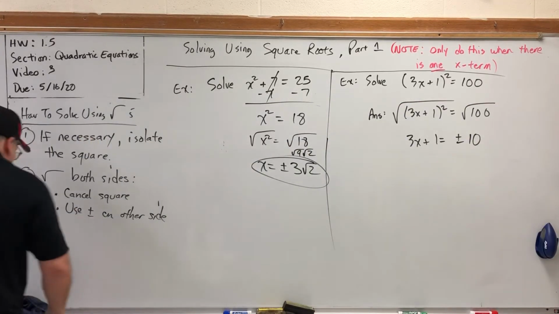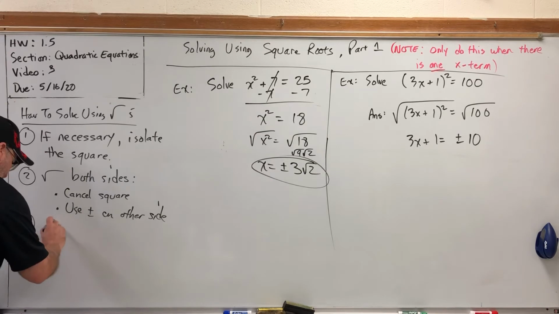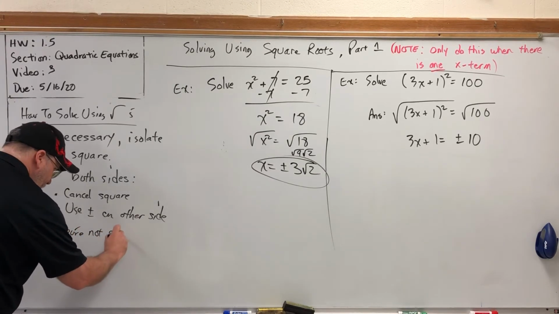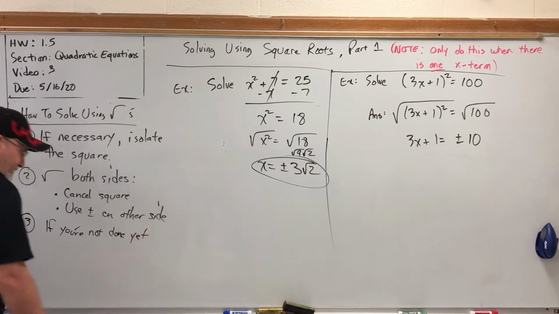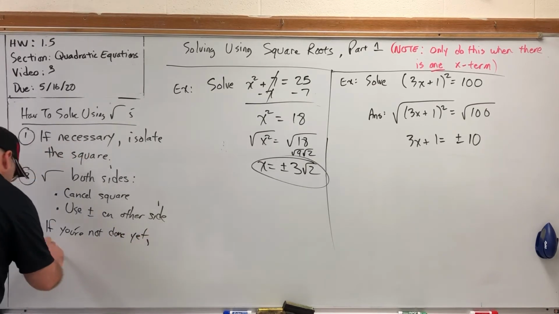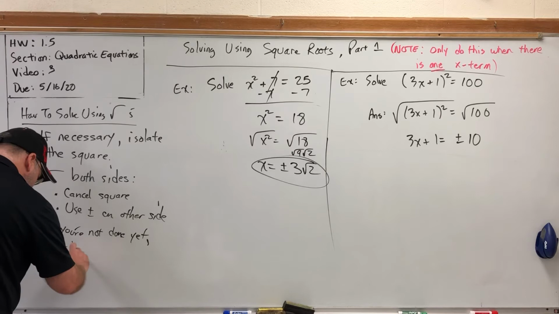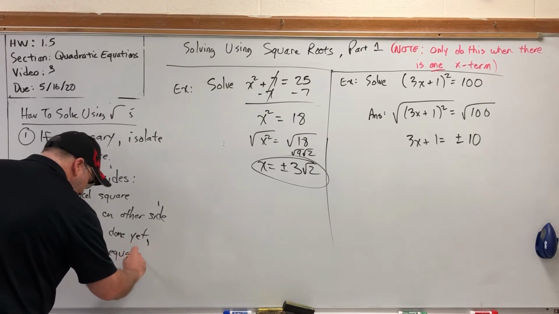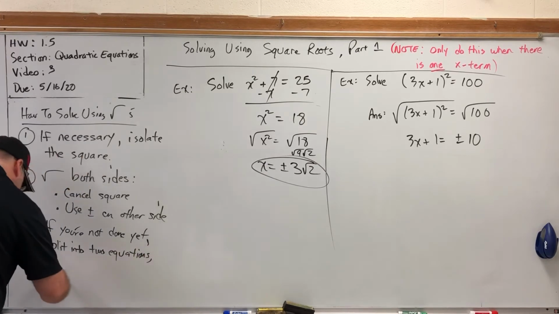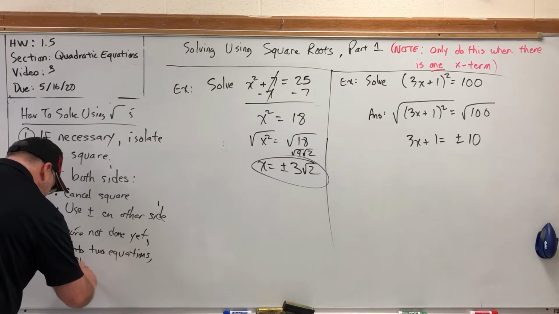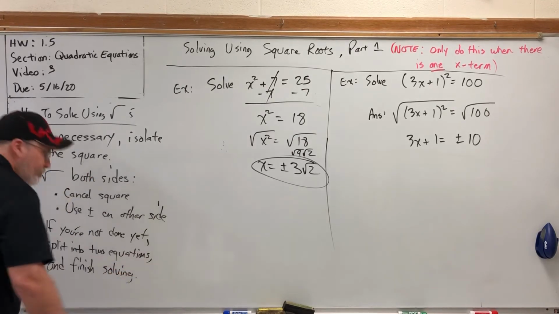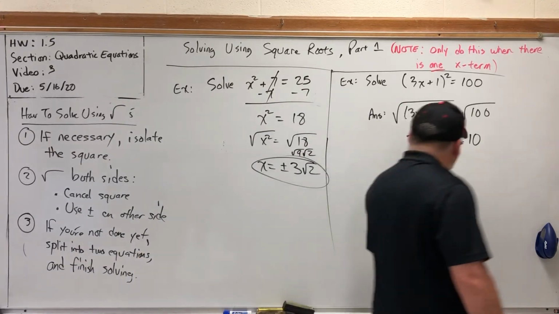So at this point for your third step, if you're not done yet, and you'll know when the x is by itself, split into 2 equations and finish solving. Here I was done.